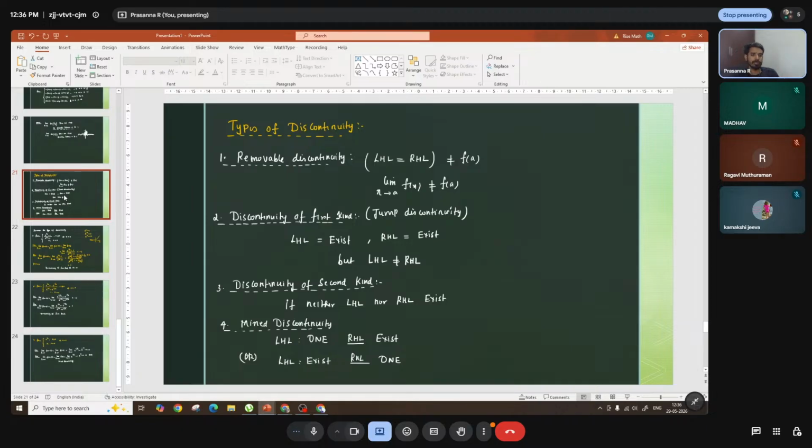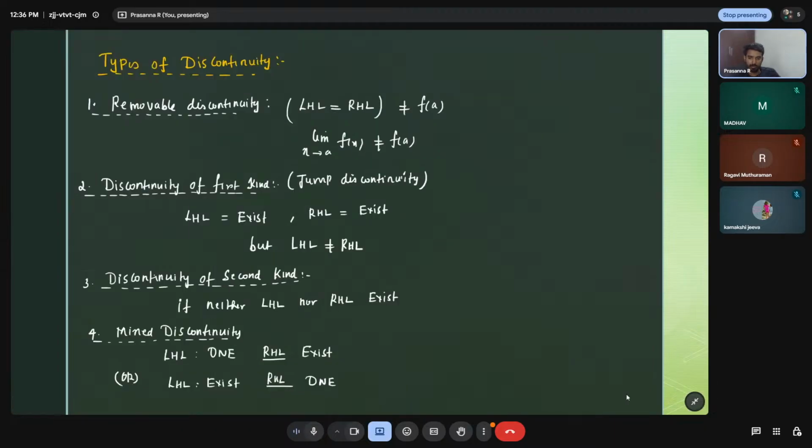No problem, we will fix this. Actually, discontinuity of second kind is classified into two things: discontinuity of second kind from the left, and discontinuity of second kind from the right.